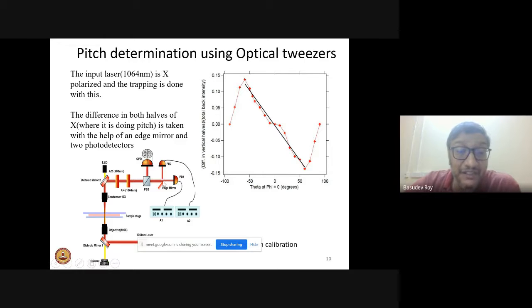And from the asymmetry in the halves, I can find out if it is turning in that sense. This is what I did. This is a simulated result. It's almost linear here, and this can be done even with the scattered light. You don't need the video camera, and that increased the speed of detection and the resolution also.